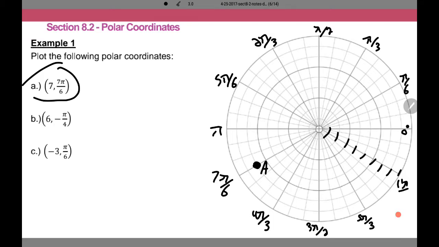When I do 6 and negative pi over 4, I need to be on the sixth circle out at negative pi over 4 degrees. So I can do that a couple ways. I can either start at 0 and go backwards to the negative pi over 4, which is right around here.